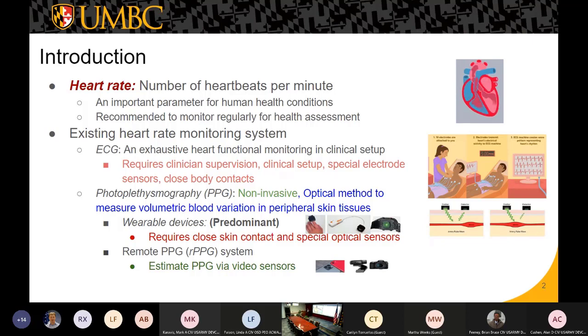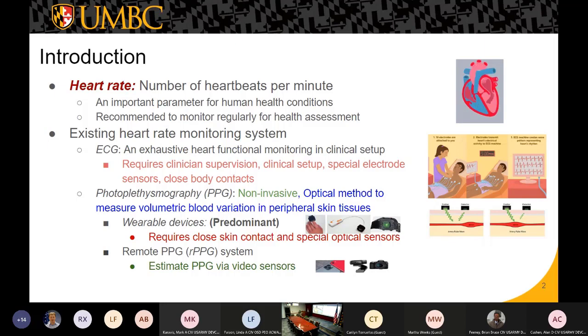Those wearable sensors require close contact and proximity, and it's not always convenient to remove my watch and make others wear it and then measure the heart rate. So remote PPG tackles that problem. It tries to estimate the PPG, or the blood volumetric variation, via a video sensor.